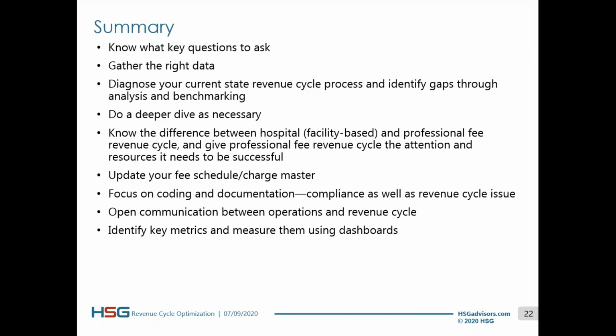So wrapping up here, let me summarize. We've highlighted the key questions that we think you should be asking. We've highlighted the right data that you need to collect and look at. We've talked about diagnosing your current state revenue cycle, identifying the gaps through the analysis and benchmarking, and doing a deeper dive as necessary.